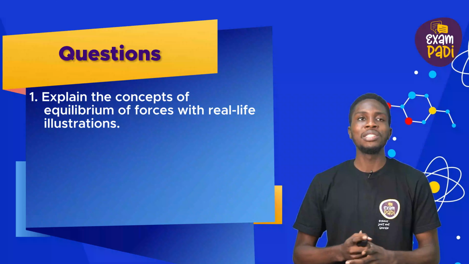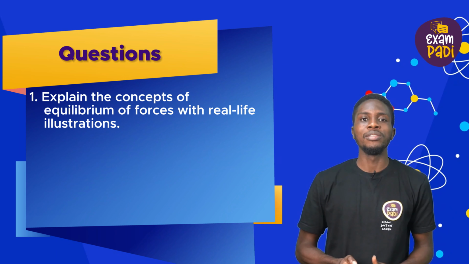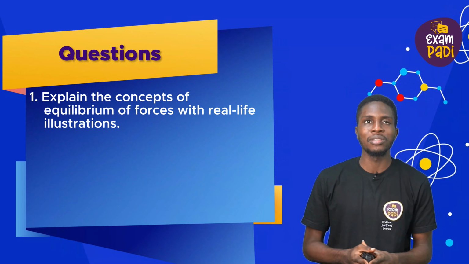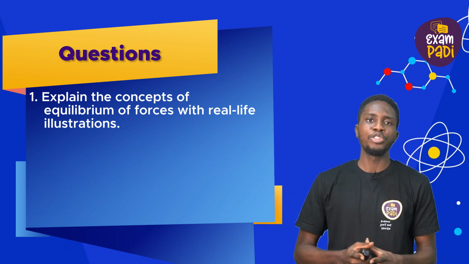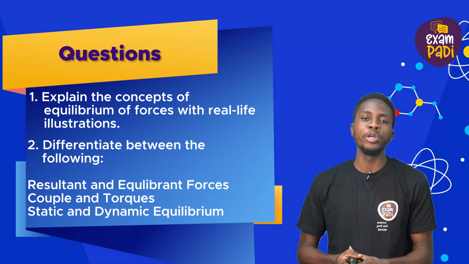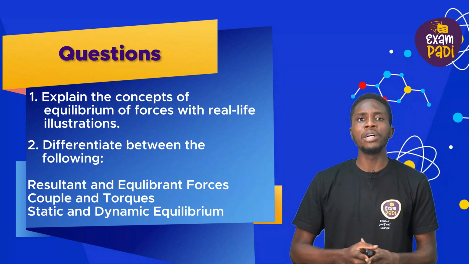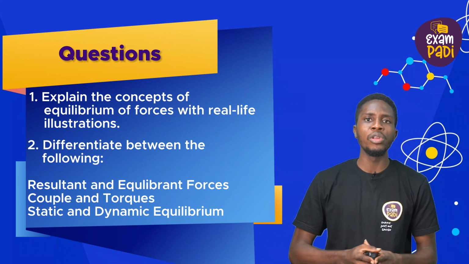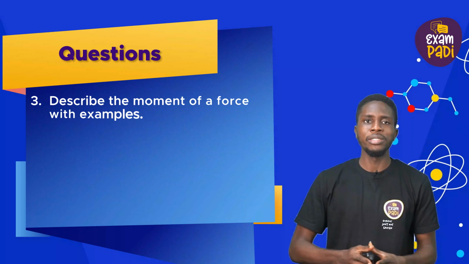Attempt the following questions to assess yourself on this lesson. 1. Explain the concepts of equilibrium of forces with real-life illustrations. 2. Differentiate between the following: resultant and equilibrium forces, couple and torque, static and dynamic equilibrium. 3.